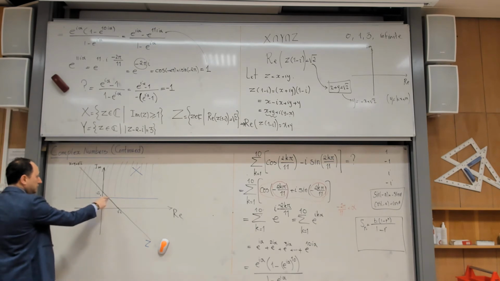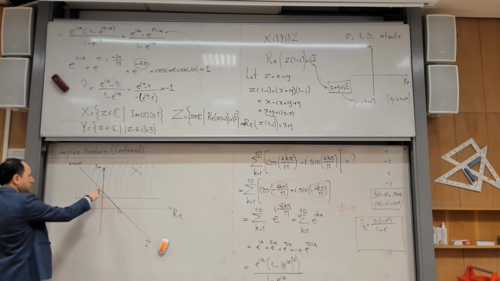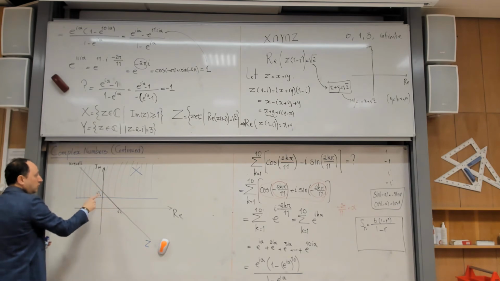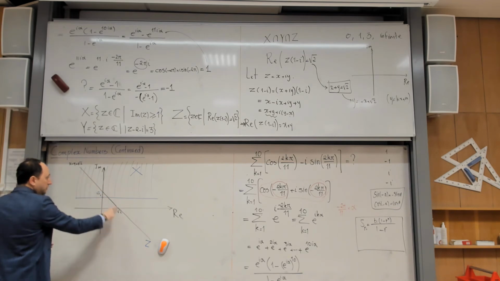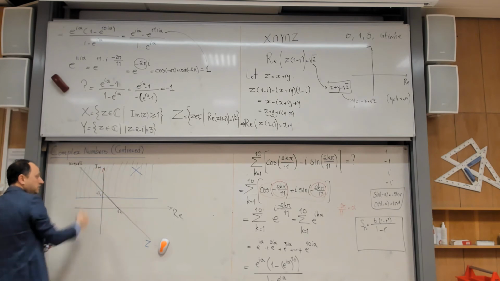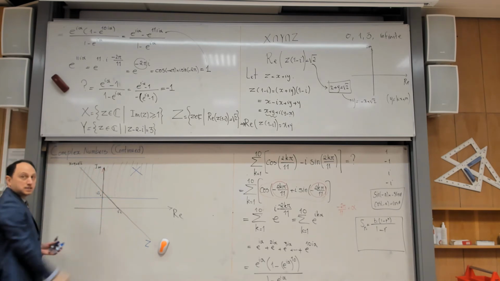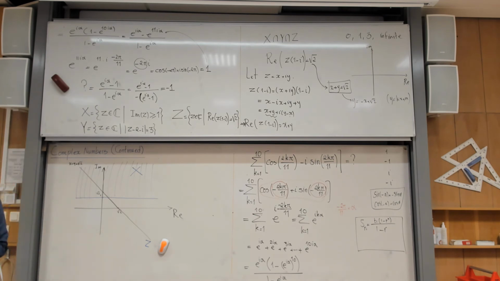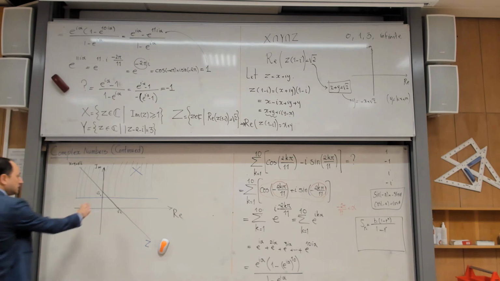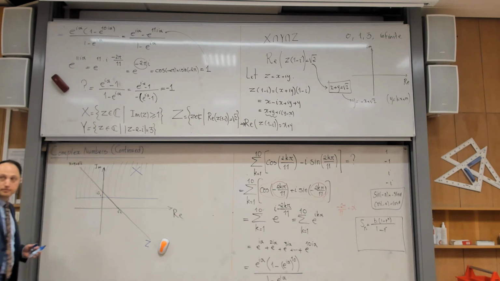The common part is this part of this line. Do you agree? Because I am interested in all those points that are lying on this line and in the blue region. So hopefully you agree with me that so far this is the common part. And if I ask you how many points lie in that common part, infinitely many. Yes?